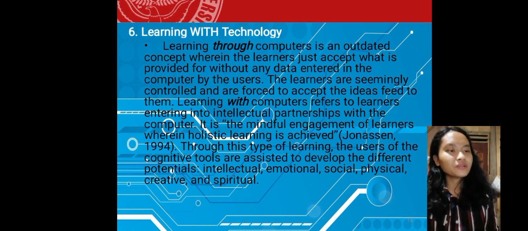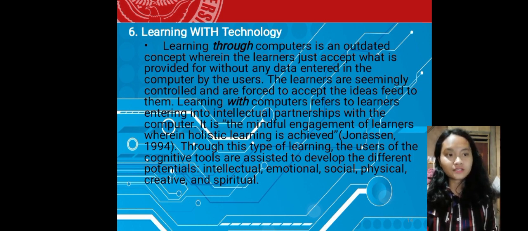It is the mindful engagement of learners wherein holistic learning is achieved. Through this type of learning, the users of the cognitive tools are assisted to develop the different potentials: intellectual, emotional, social, physical, creative, and spiritual.